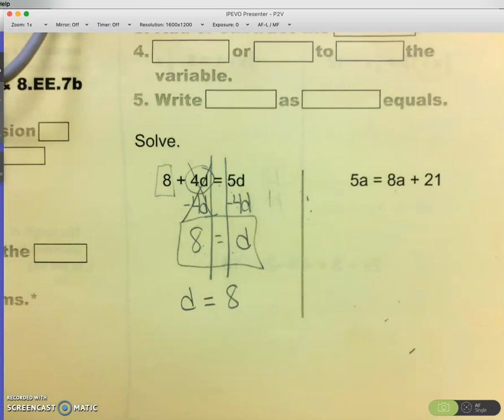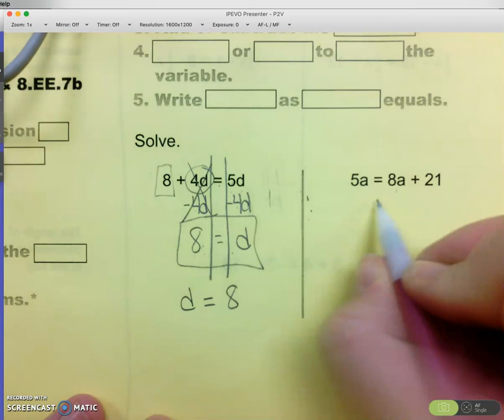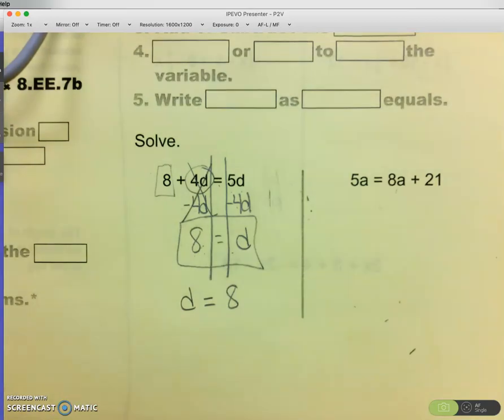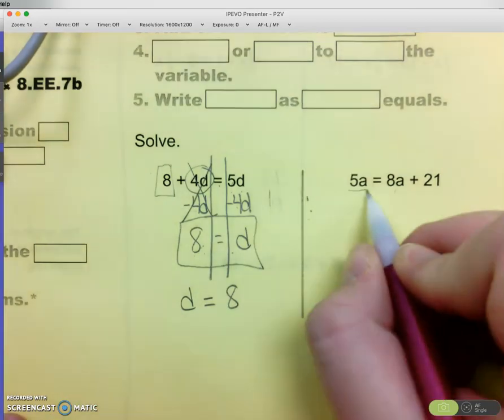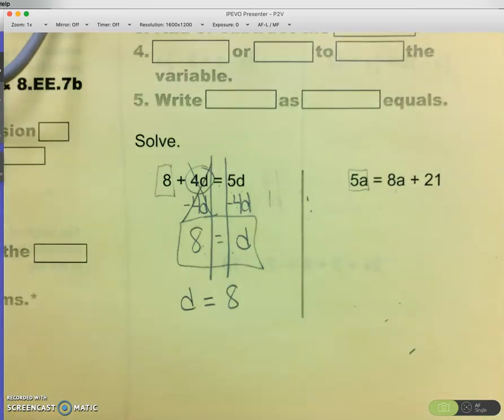So on our next problem, we're going to do the same thing, where we're going to get all of our variables on the same side. So we're going to look for our smaller one, again, because I want the 5a and the 8a, which one's smaller? Because I want my variable term to be positive.